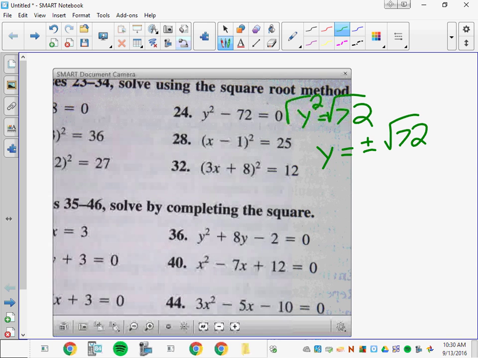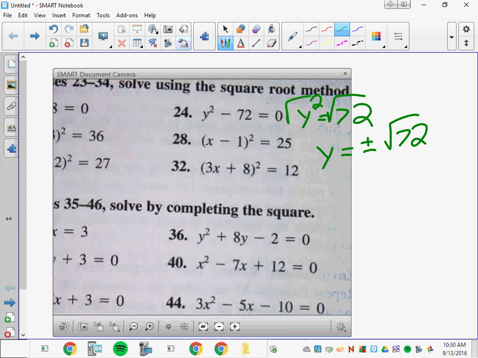Are any of those perfect squares a factor of 72? 4 is, 9 is, and if 4 and 9 are both perfect squares, then 4 times 9 should also be one. 36. Does 36 go into 72? Yes. So 36 is the biggest perfect square inside 72.